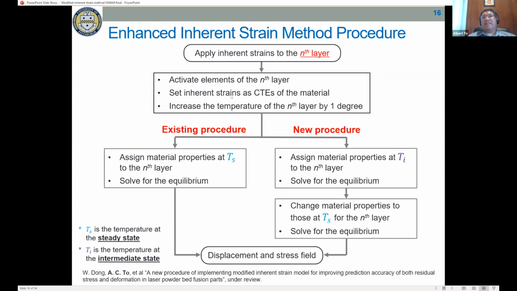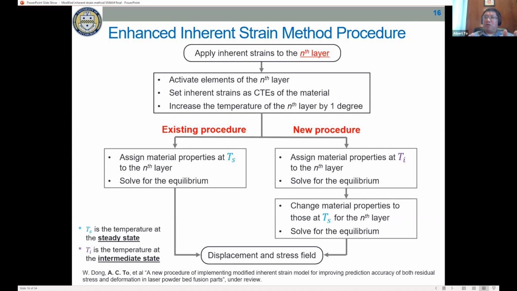In the previous results, we were using material properties at ambient temperature. In the inherent strain model, the properties are not temperature dependent, because we don't have the heat transfer anymore, so all the properties we were using are at room temperature.